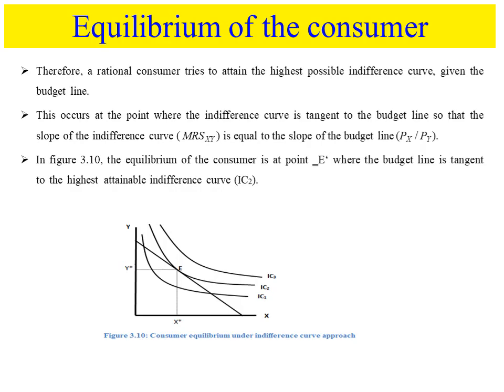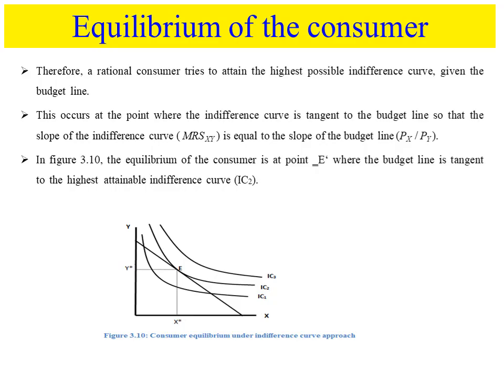Therefore, a rational consumer tries to attain the highest possible indifference curve, given the budget line. This occurs at the point where the indifference curve is tangent to the budget line, so that the slope of the indifference curve, or marginal rate of substitution of X for Y, is equal to the slope of the budget line, that is, the ratio of the price of X over the price of Y.